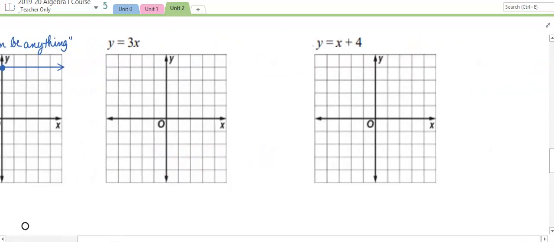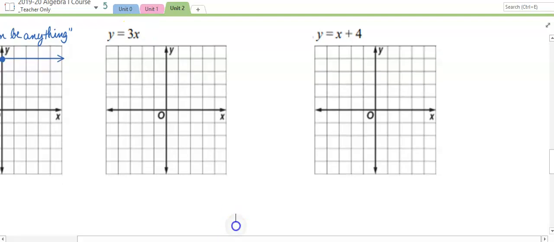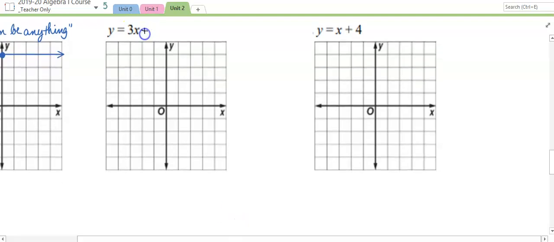Y equals 3x. Well, they didn't give me 2 points. They didn't give me 2 intercepts. But it is in slope-intercept form. Y equals mx plus b. What number is right here that we can't see? It's just a 0. So I'm going to begin with b and move m.